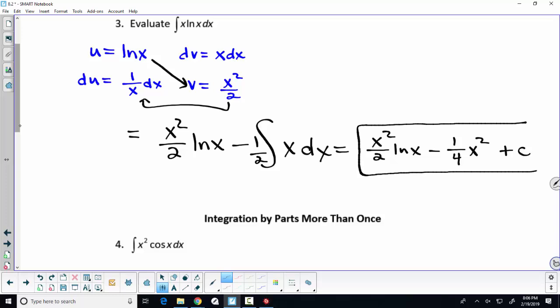That's negative 1/4 x squared. Do you have any questions?